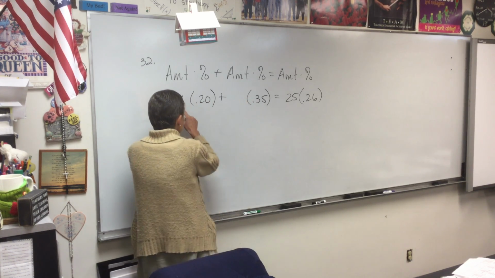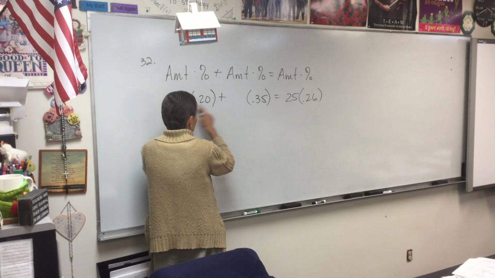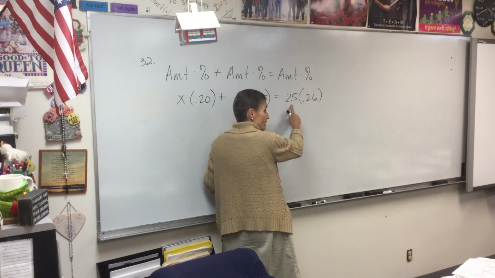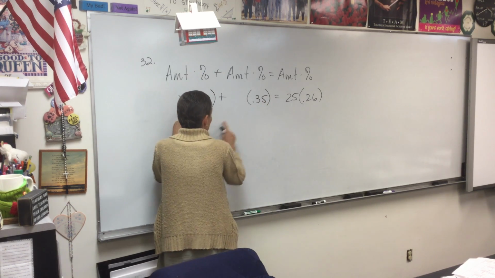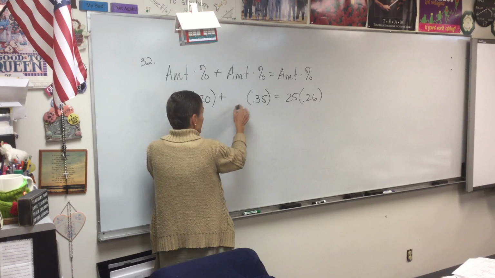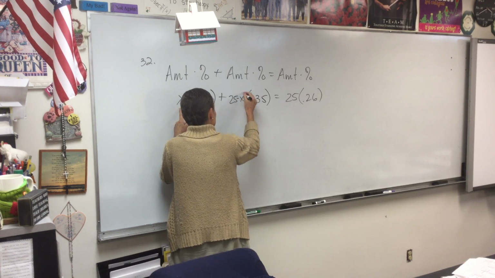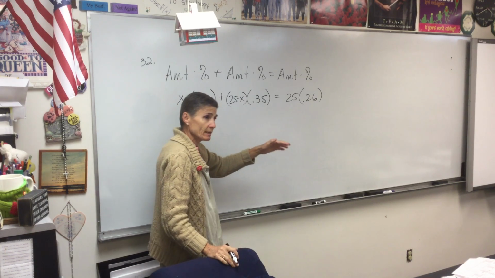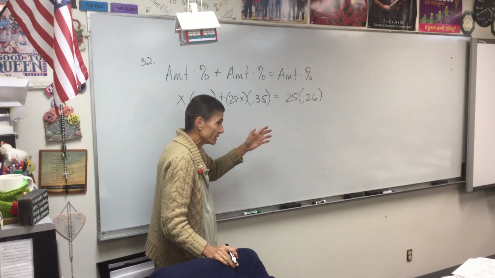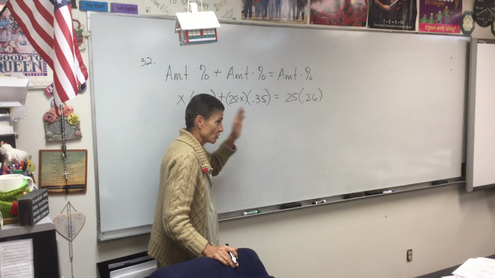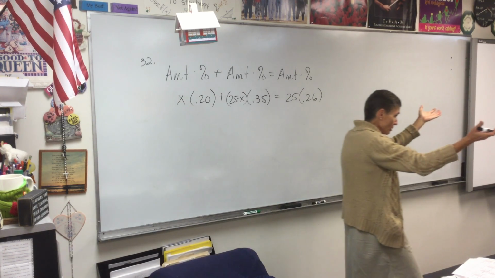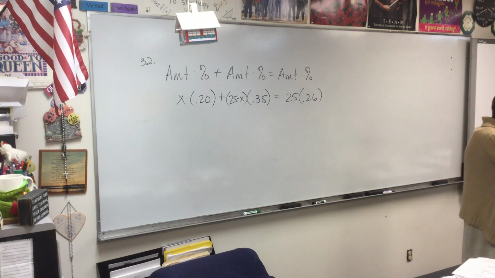You know that if you add these two together, you're supposed to end up with 25, right? So if that's X, what would this one have to be? 25 minus X. You are beautiful. That's exactly right. And before you get confused, because some of you are going to not stop to think and let yourself get confused: I have two things that have to add up to 25.